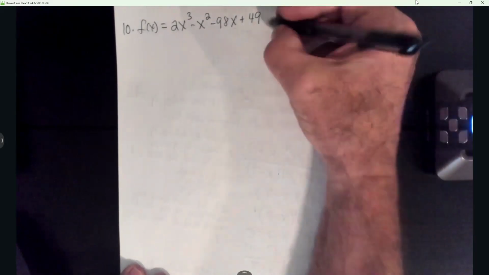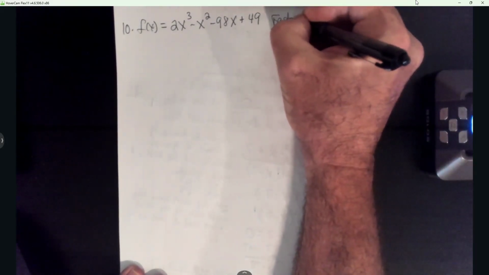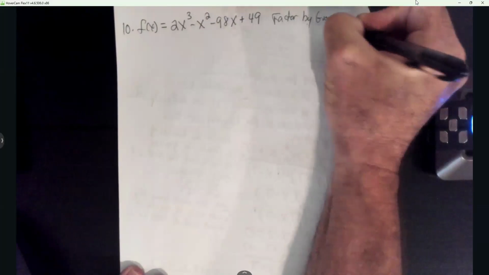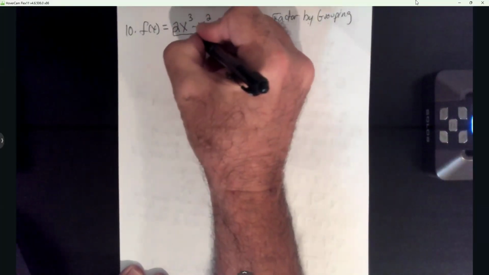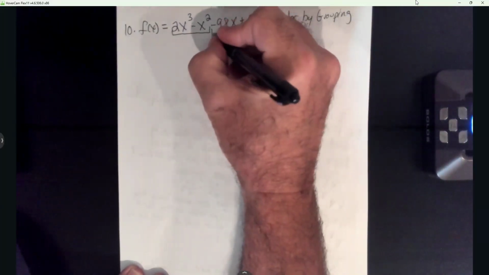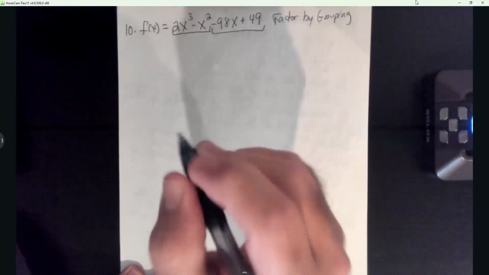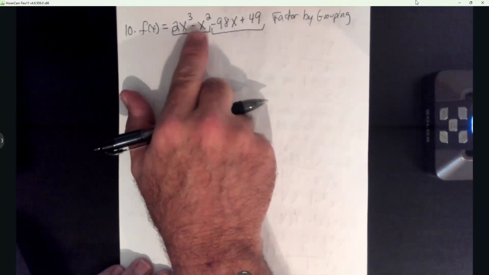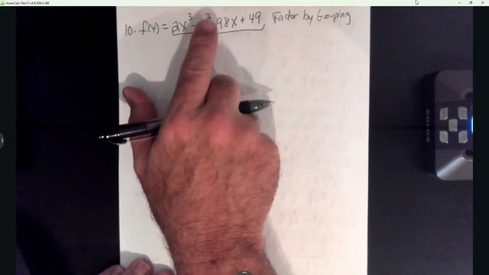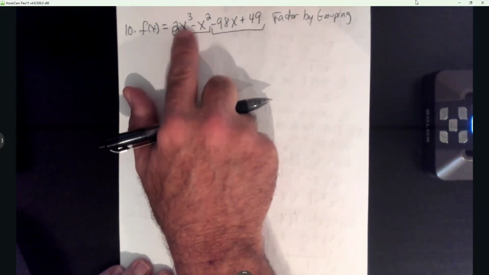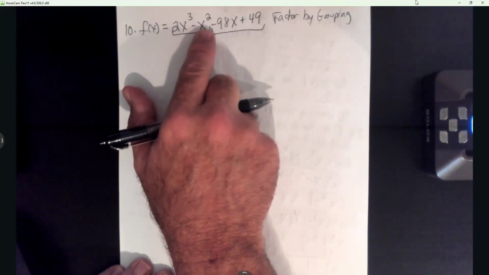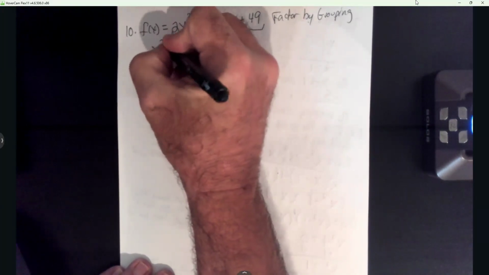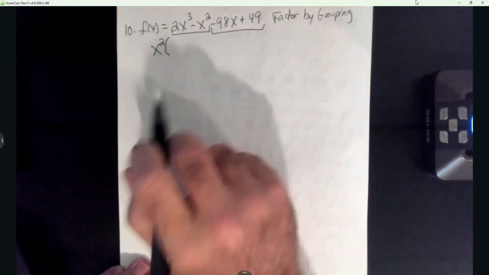So I'm going to factor by grouping again. So I'm going to factor the first two groups and then the last two groups, okay? And notice, once again, you got a 2x cubed and a negative x squared. The GCF of the first two terms is going to be the x squared. Now watch this.